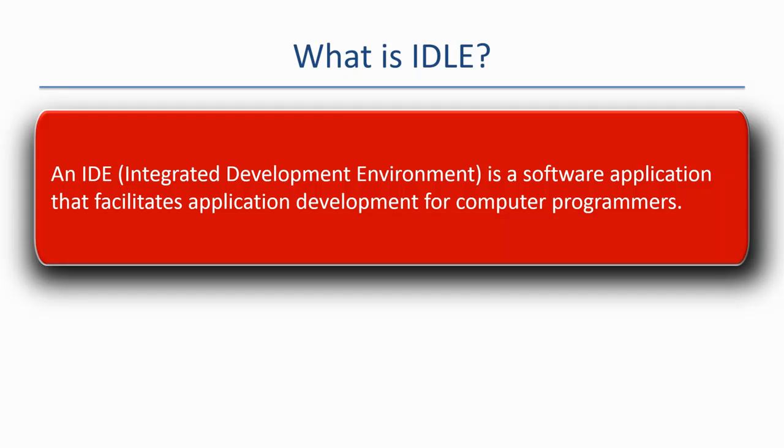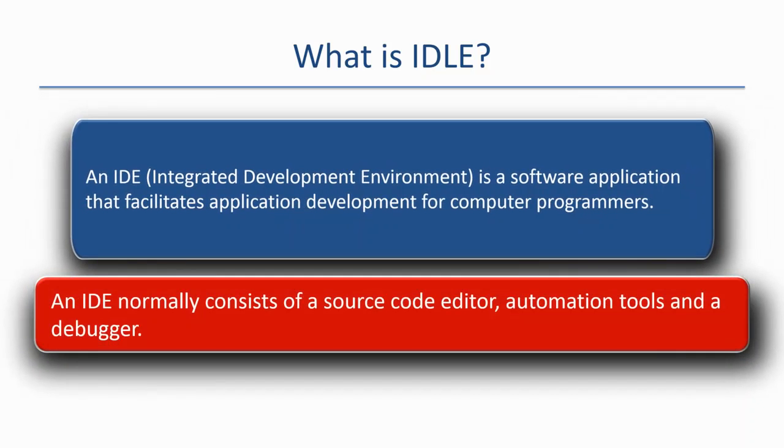So, for example, the C language has an IDE, the Java language has an IDE, and Python also has an IDE. An IDE normally consists of a source code editor, automation tools, and a debugger. Some of these may not be familiar to you right now, but as we go through the course, you will learn what they are and what they do.